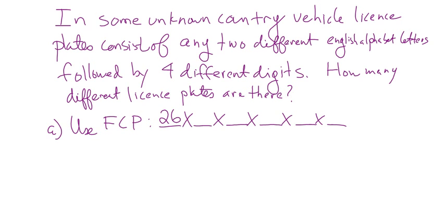How many choices for the second letter, if it's got to be a different letter? 25, there are 25 letters left that are different. How many choices for the first digit? 10. Second digit? Third digit? Fourth digit?